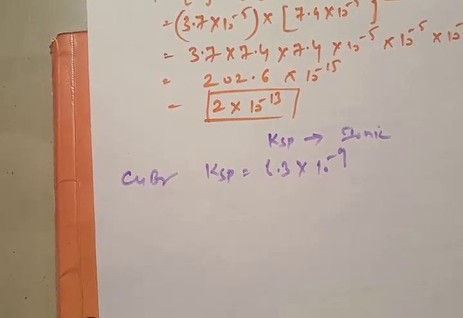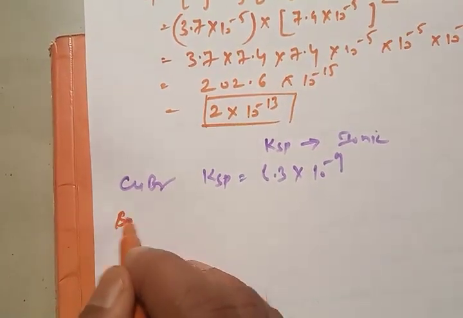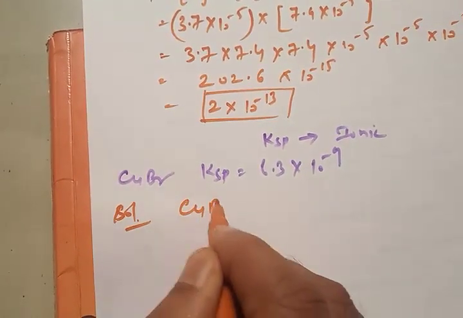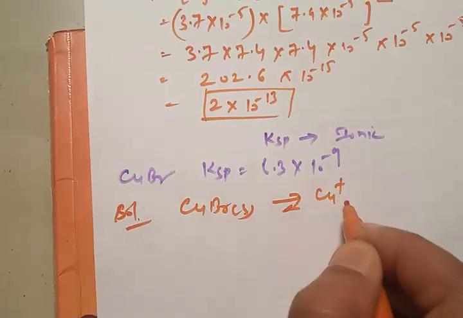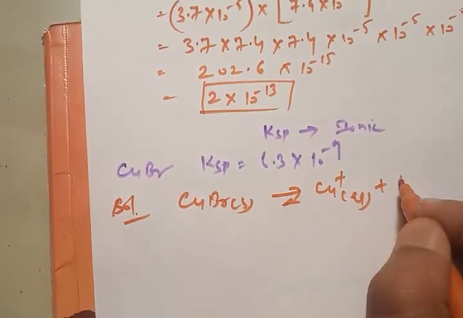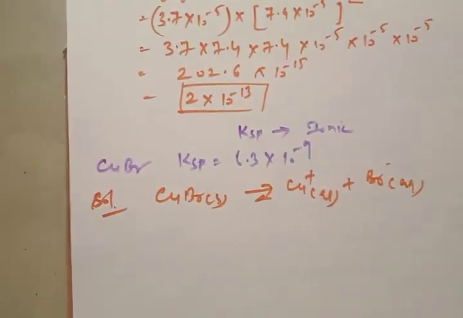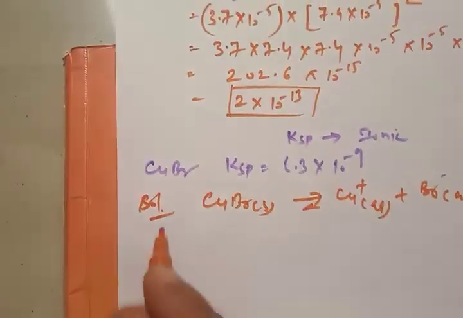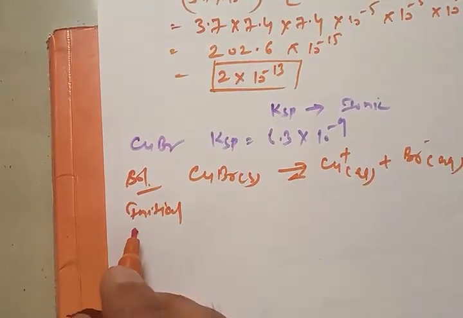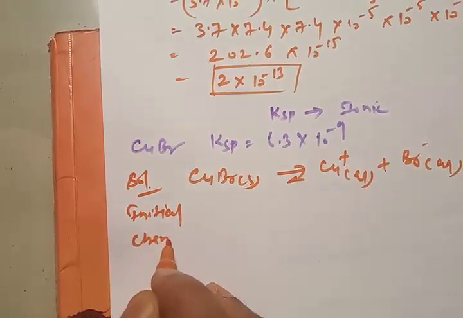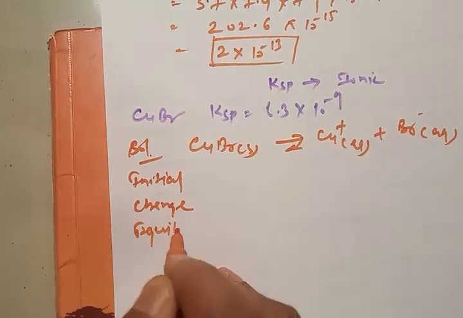In this case, first we write the equation. CuBr solid gives you Cu+ aqueous and Br- aqueous. Now we'll go for the initial stage, then the change, and then the equilibrium. These three we discuss.